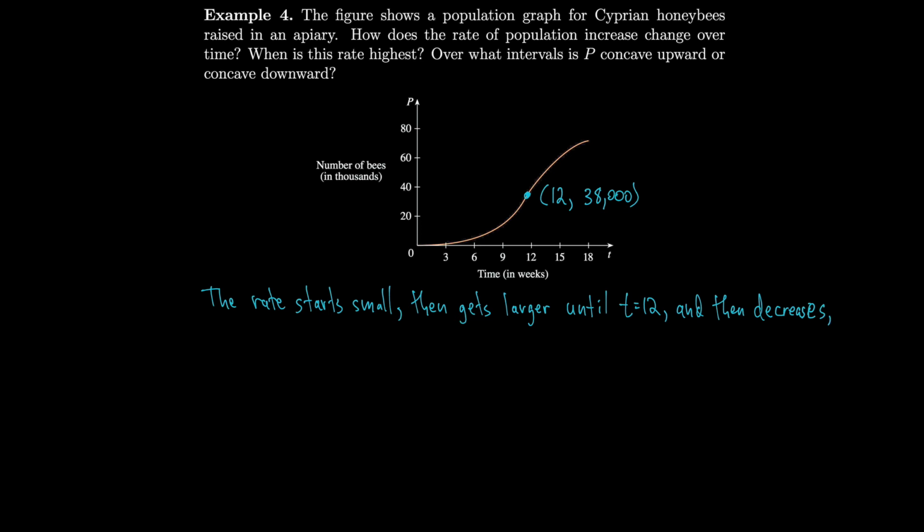As it starts leveling off, notice that the slopes start approaching 0 as you keep going. So our rate is approaching 0 now.